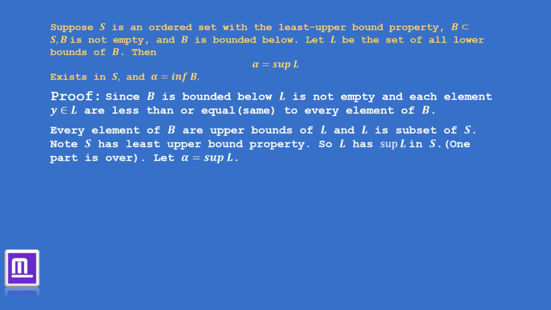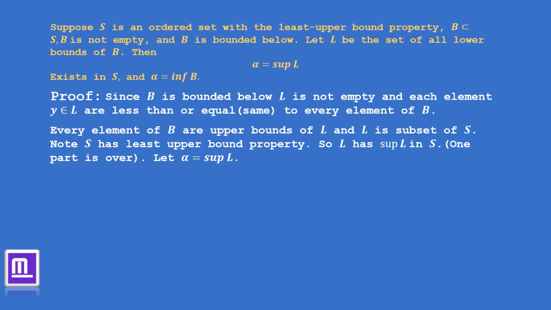Every element of B is an upper bound of L, and L is a subset of S. And also recall that we just said L is not an empty set. So L is not an empty set, L is a subset of S, and every element of B is an upper bound of L. That means L is bounded above.